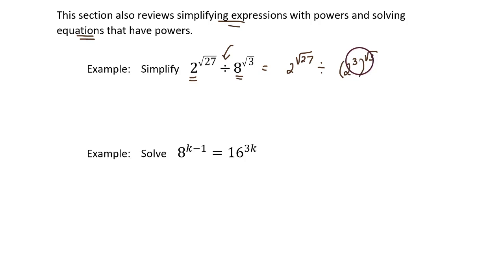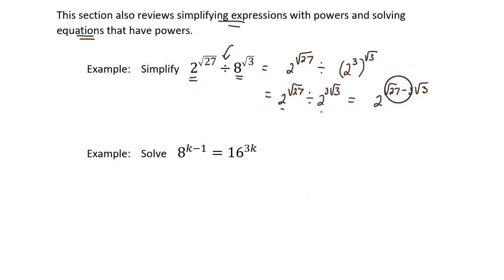Next, let's apply the rule about a power to a power is when you times the exponents. So we have 2 to the square root of 27 divided by 2 to the 3 square root of 3. Now we have powers with the same base. We can apply the rule. Keep the base and subtract the exponents.